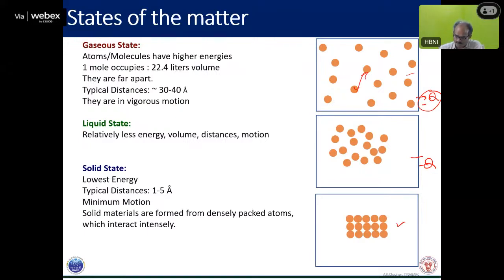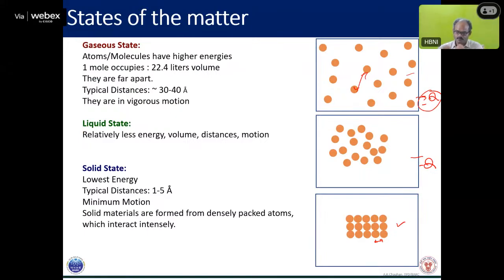The distance between two atoms is now of the order of angstroms. Ideally they do not move, but if they move, they have very little vibrational motion around their mean position in the solid, and so we can call them densely packed atoms when we speak about the solid state. And these atoms interact with each other very intensely.